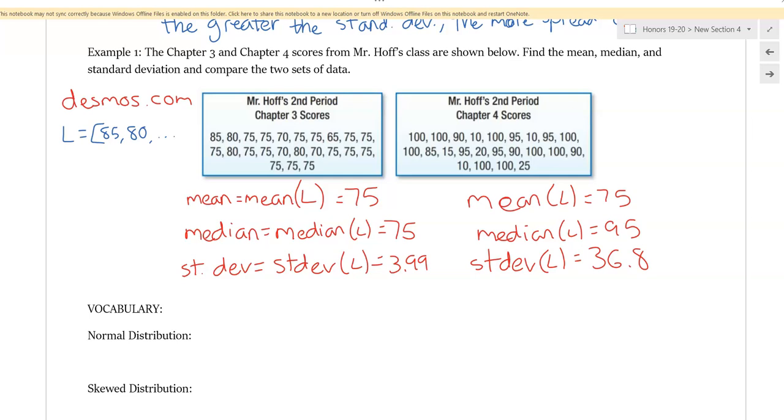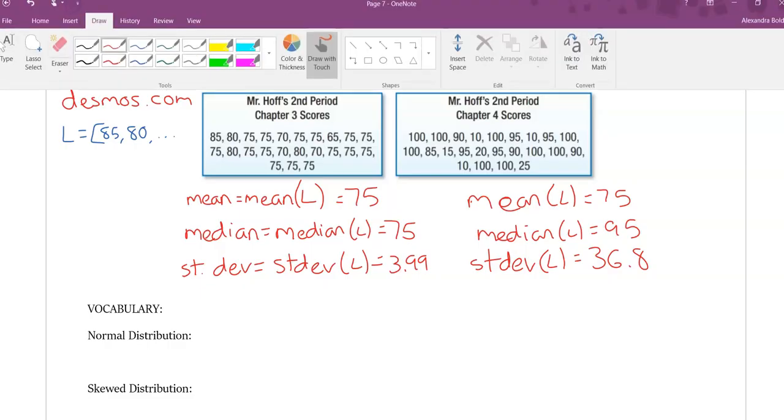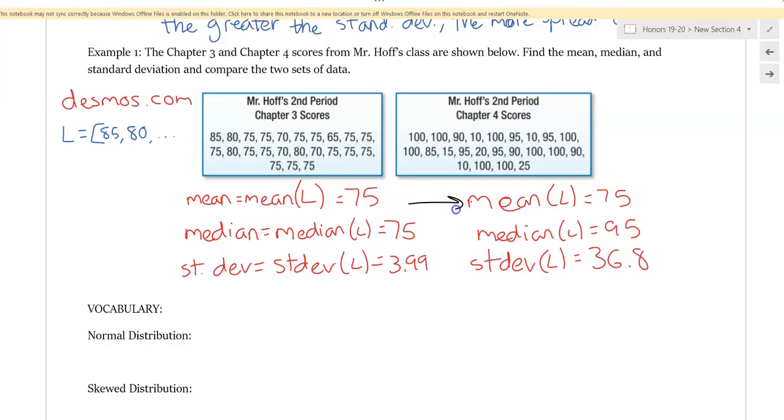So we can compare these, and really what this is, if you look, they have the same mean, so these two classes got the same average. But this is not the same, right?